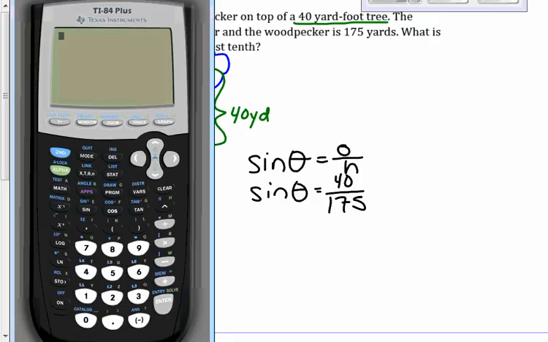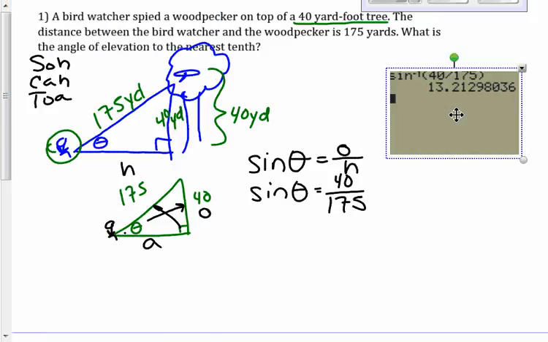So we need to take the inverse of sine here. So second sine brings us to that -1, and we just put in 40 divided by 175. And enter. So what is the angle of elevation to the nearest tenth?